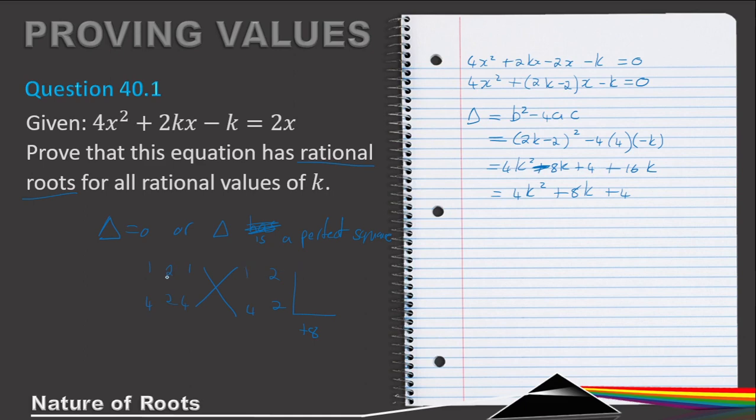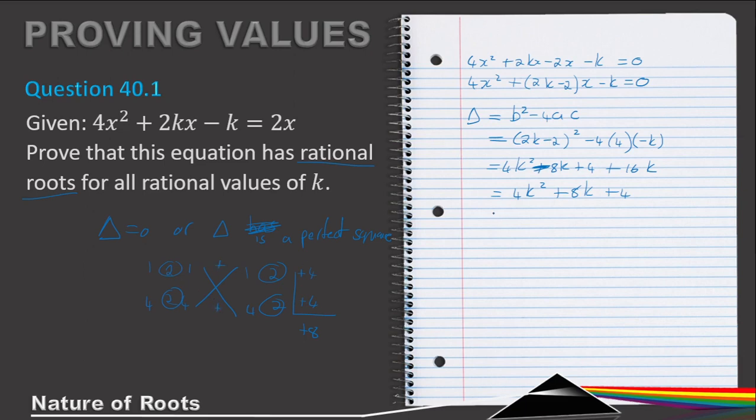So the first thing I'm going to try is to see if it's not 2 times 2 and 2 times 2, because that would also give us identical factors, 2k plus 2. So 2 times 2 is 4, and 2 times 2 is 4. So if I add these, that gives me 8. So it's plus and plus.